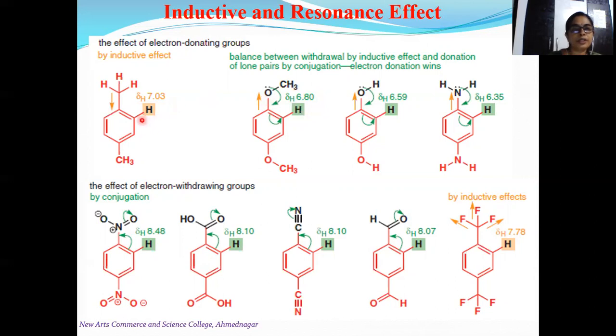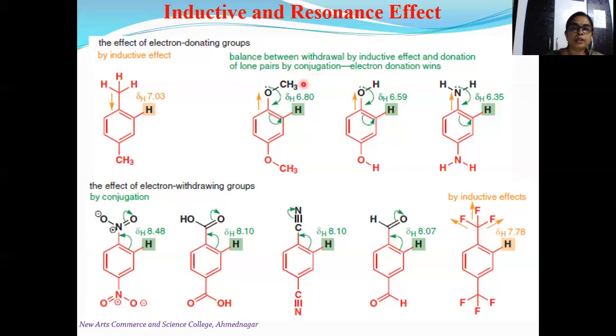Compare with this compound, the proton is having 7.03 where only inductive effect is present, or to some extent hyperconjugation is present. While here resonance effect is present, the proton is shielded. Now let us consider this hydroxy substituent. Again here also inductive effect as well as resonance effect is present, but resonance effect is stronger and the orthoproton is shielded proton.